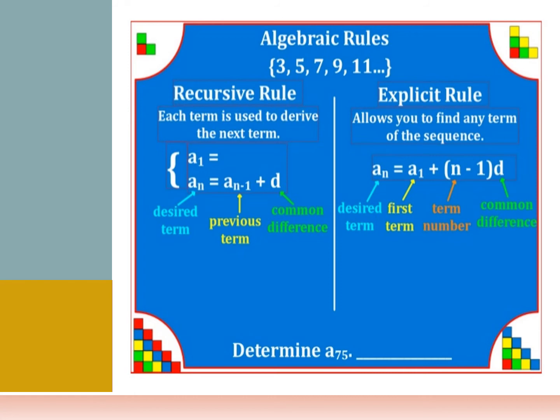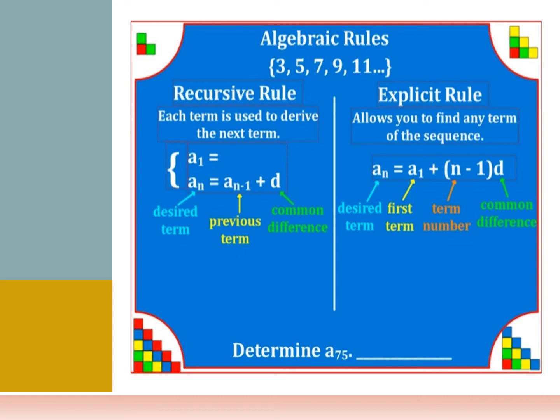For the explicit rule, it allows you to find any term of the sequence. Okay, so this is the benefit of the explicit rule. As we said, for the recursive rule, each term is used to derive the next term, but the explicit rule allows you to find any term of the sequence.